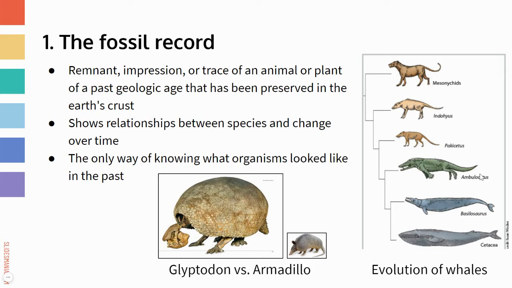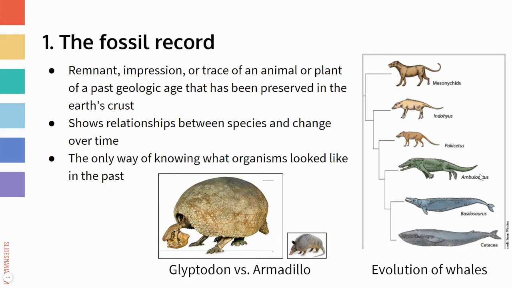A fossil counts as anything that has been preserved in the Earth's crust that is a trace or an imprint or a remnant of a plant or animal species that has lived in the past. This can be something like a bone or a complete skeleton, but it can also just be an imprint of a leaf or an imprint of a footprint. So really smaller scale things also count as part of the fossil record.